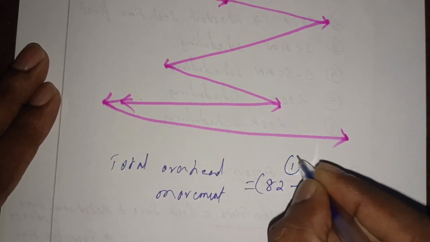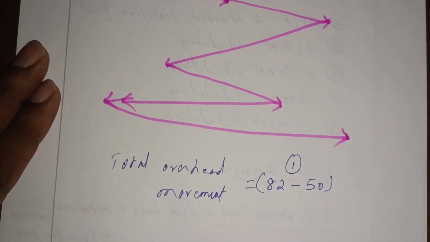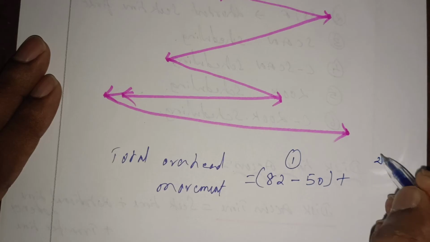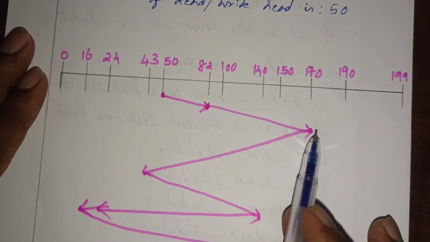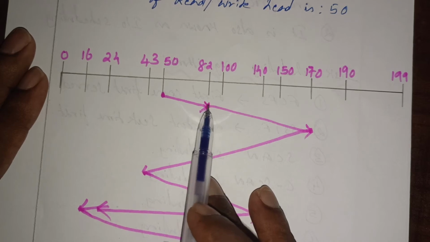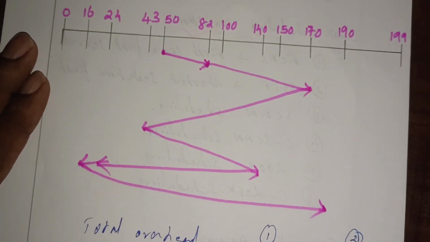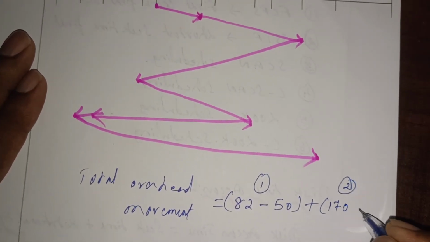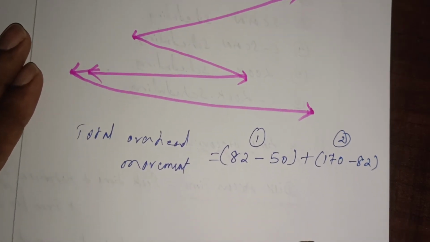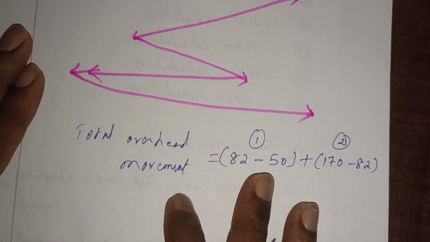So this is the first position, right? Plus, what is the second position? You can check it over here. The second position has moved from 82 to 170. As I told you already, 170 is the bigger number, so it is subtracted with 82. Okay, I hope you understand these first two movements.